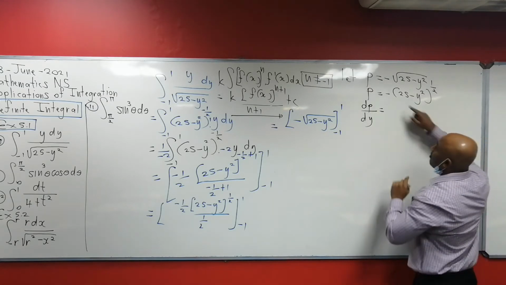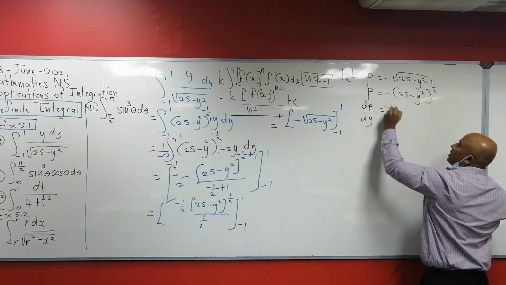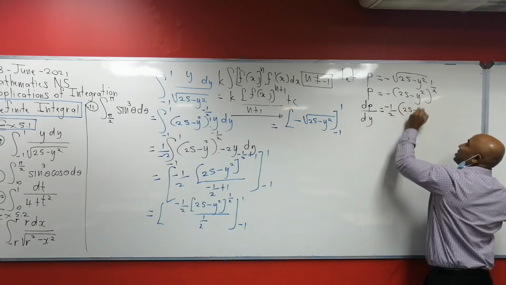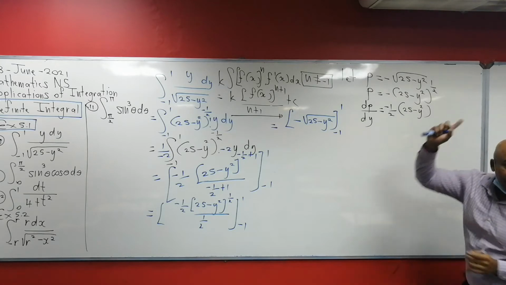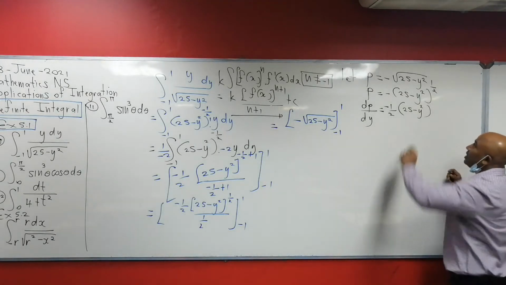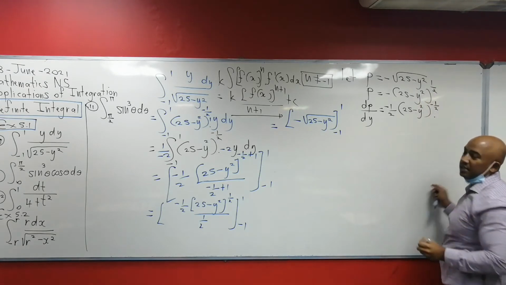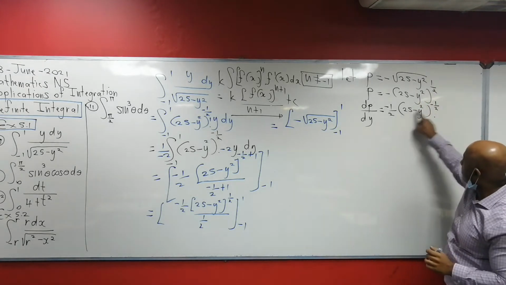So that's going to be minus 1 times half, which is minus half. Then I have 25 minus y squared, and then I'm going half minus 1. It's the chain rule. Half minus 1 is minus half times the derivative of 25, 0.